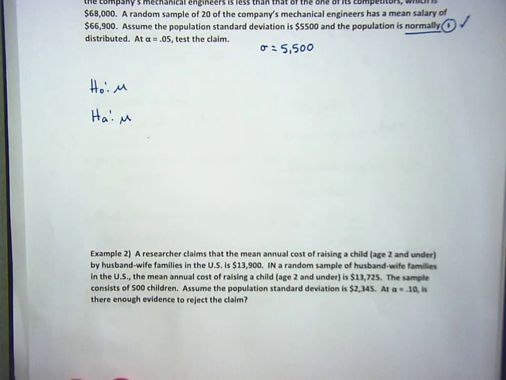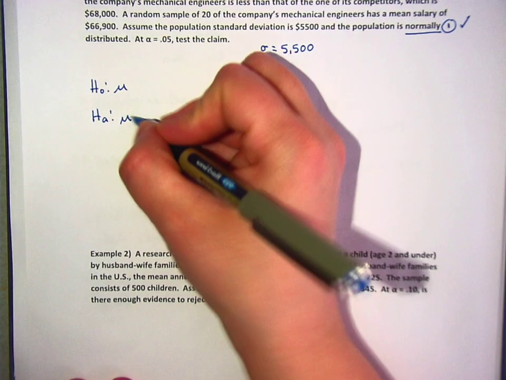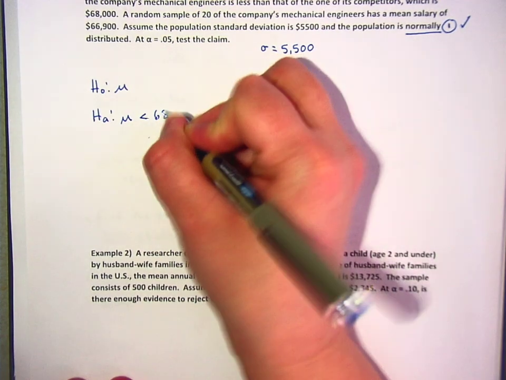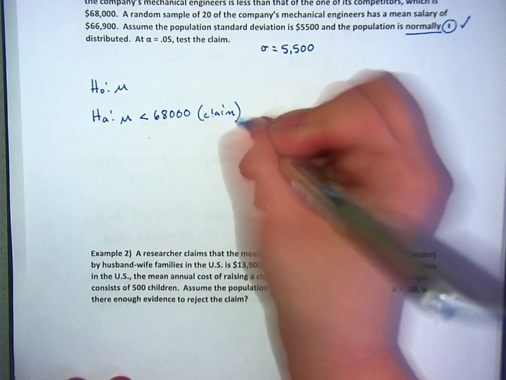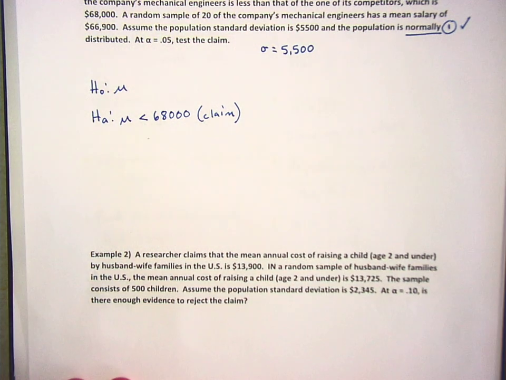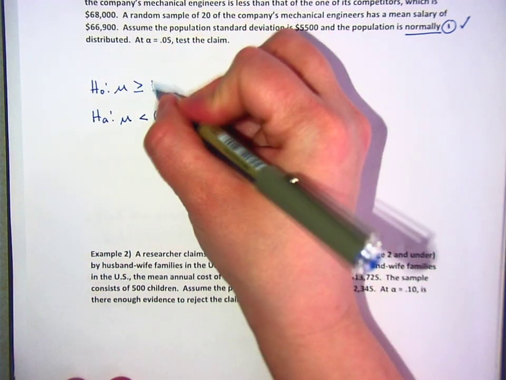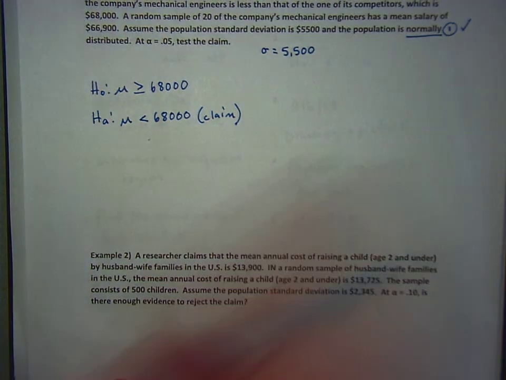What is their claim? Is less than 68,000. Right, so where should less than go? Should it be the H sub O or H sub A? H sub A. Yes, it's anything without an equals. I'm going to write claim after this one. What's the opposite of that? Greater than or equal to. Okay, that was step 2.